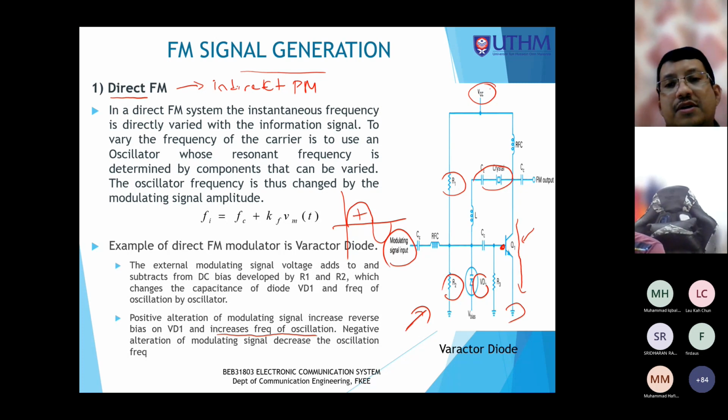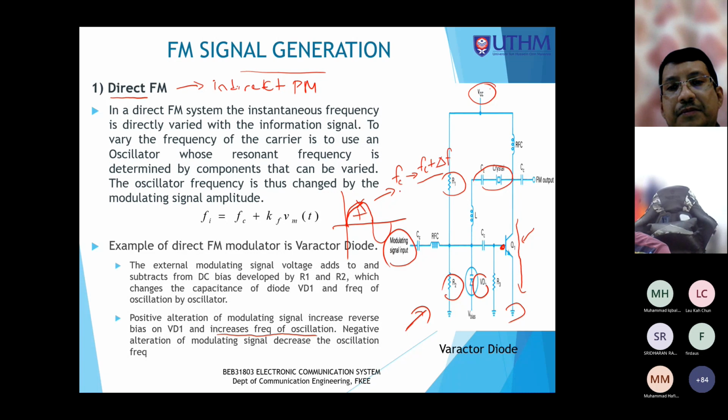So during the positive cycle of the modulating signal, the output produced from this varactor diode will move from FC until FC plus delta F. During the alteration from 0 until peak amplitude, the carrier moves from rest frequency to the maximum frequency.